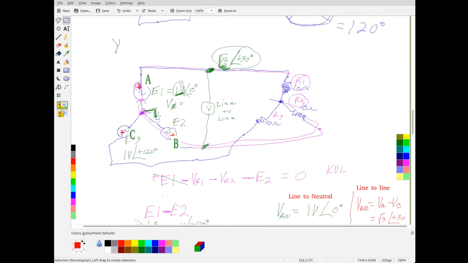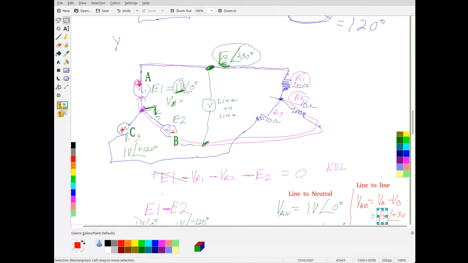What we're basically doing is measuring the voltages. So if we're measuring the voltage line to line, we expect it to be the square root of 3 bigger than the line to neutral.